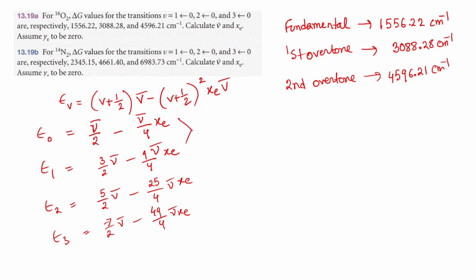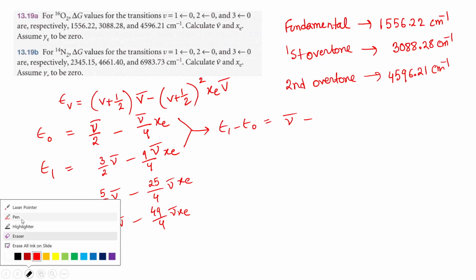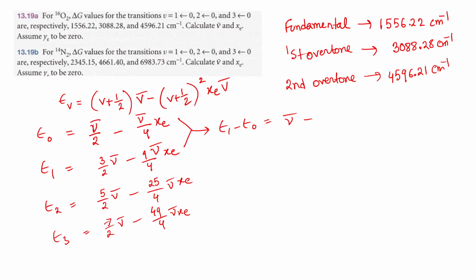Now, from these you are going to get the fundamental. So epsilon 1 minus epsilon 0 is going to be nu bar minus 2 nu bar xc: 9 minus 1 is 8, 8 divided by 4 is 2.